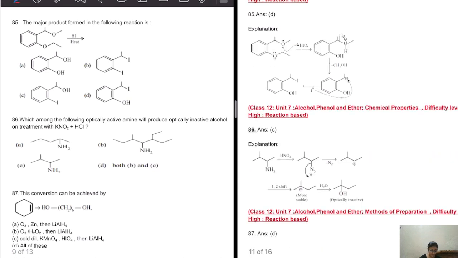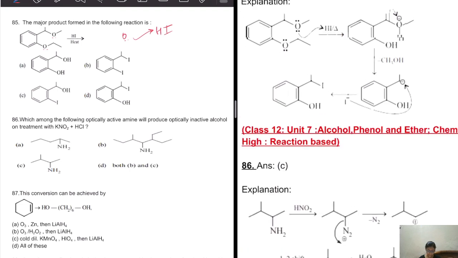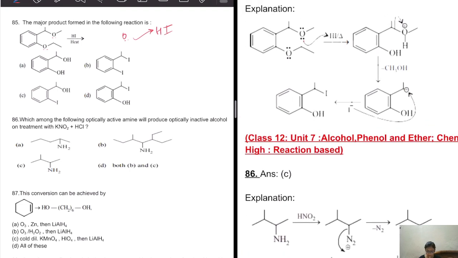Now let's see the next question. The major product formed in the following reaction is. Now here the lone pair of oxygen will attack on HI. Now we have two oxygens here. If we take the attack from this oxygen, we'll have H here and the carbocation will be here.